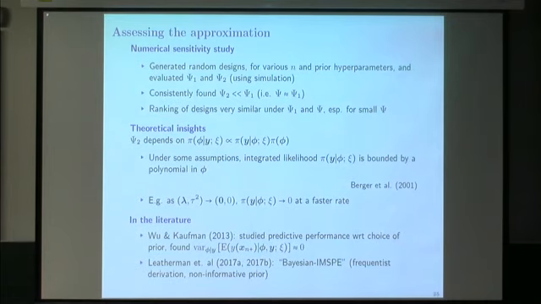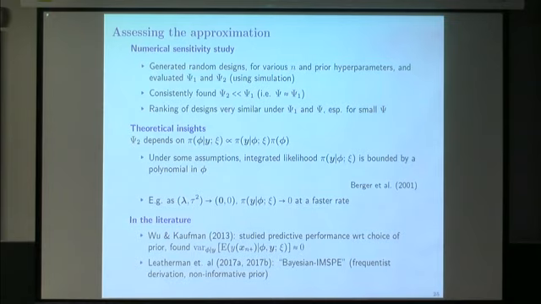This numerical evidence led us to some theoretical insights, as we were trying to understand why this is happening. The integrand in psi 2 depends on the posterior distribution of the correlation parameters, which is the integrated likelihood times the prior distribution of the correlation parameters.